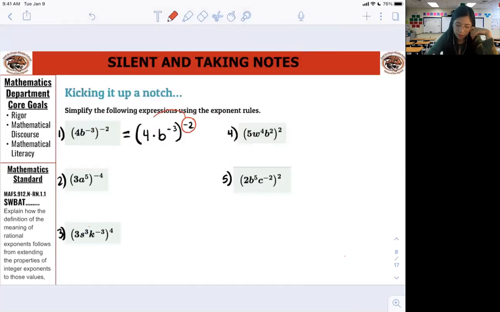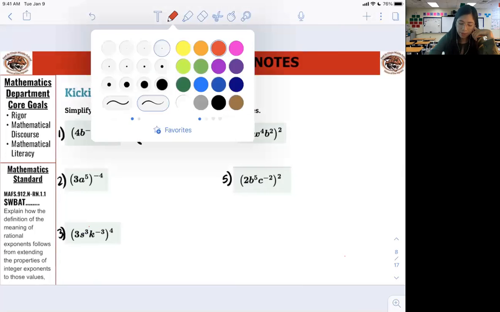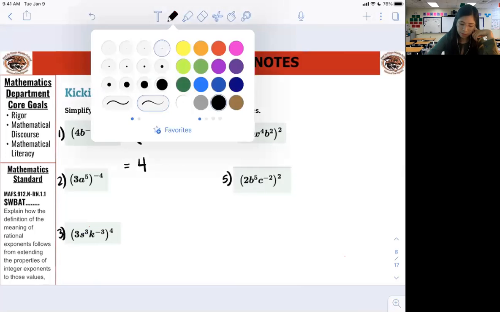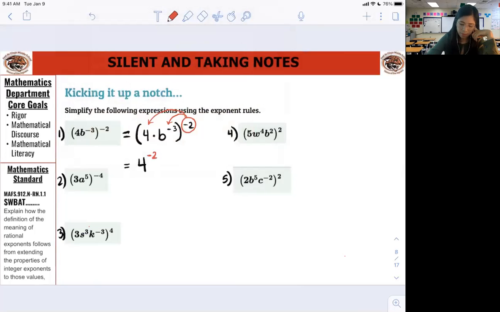Yeah, we're going to distribute it to the 4 and distribute it to b to the power of negative 3. Well, when I do that, I get 4 to the power of negative 2. And then what do I do with the negative 2 and the negative 3? You add. Not add, be careful, but multiply.